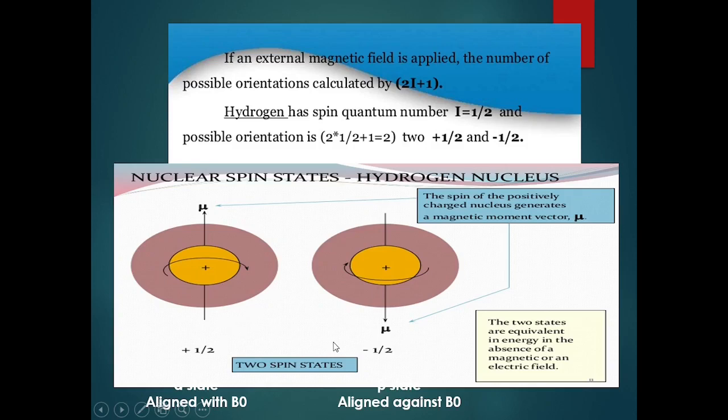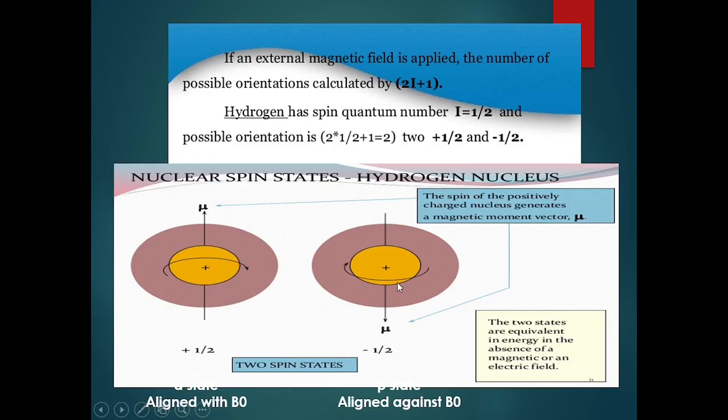These are the figures. The first figure shows the nuclear magnetic moment, which is the resultant of the precessional motion of the hydrogen atom, and this magnetic moment is aligned with the applied field, represented by plus half. Each orientation corresponds to an energy state, so plus half corresponds to the lower energy state.